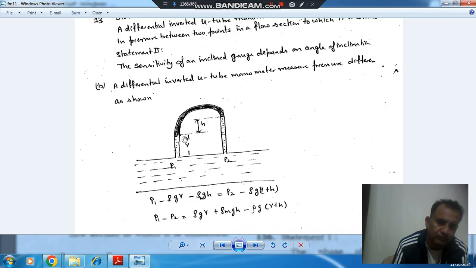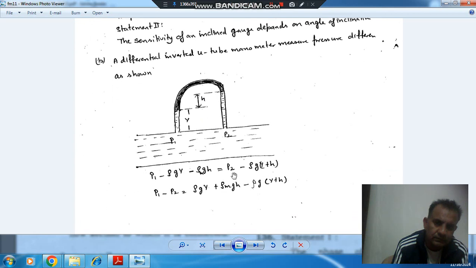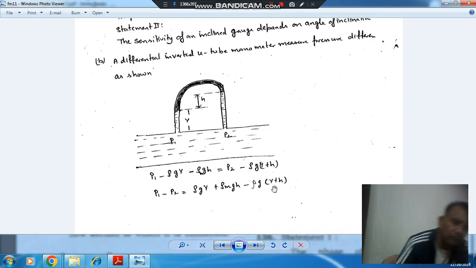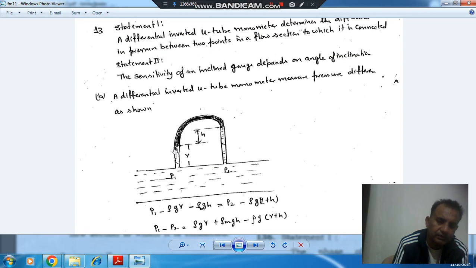Rho is the density of this fluid and rho m is the density of this fluid. And from the right side limb it is P2 minus rho g (y plus h). So the pressure difference is rho g y plus rho m g h minus rho g (y plus h). So that is your pressure difference, and it is determined by the inverted U-tube.